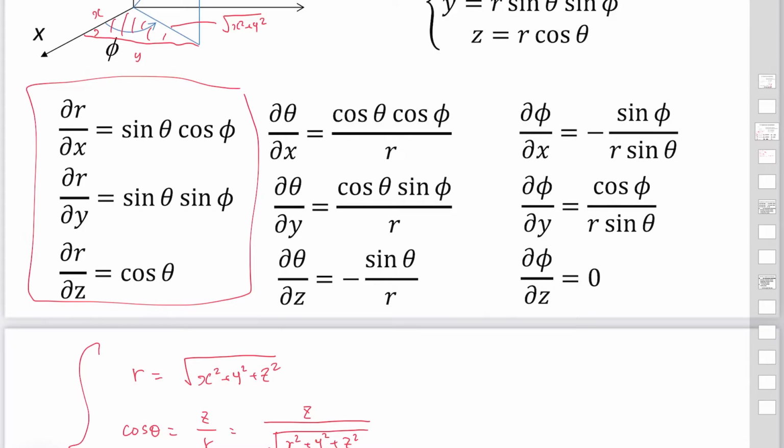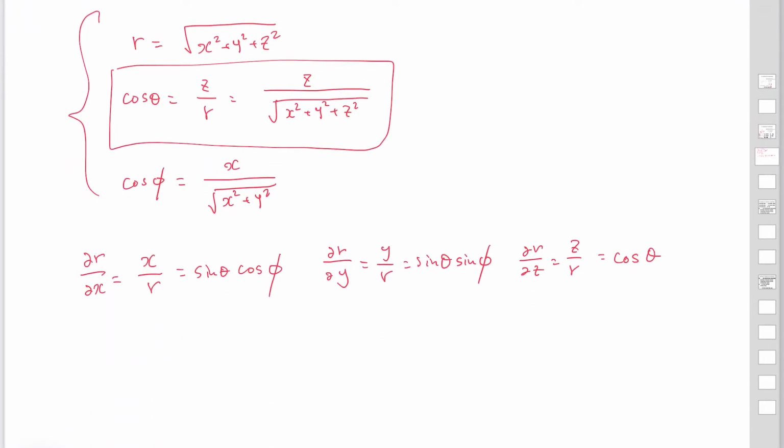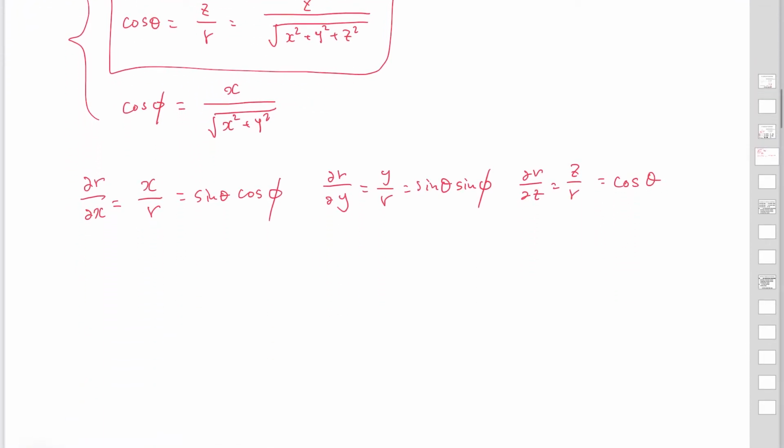To find the partial derivative of theta with respect to x, y, z, we use this second equation. Taking the partial derivative of the second equation with respect to x, it becomes minus sine theta partial theta partial x, because the derivative of cosine theta with respect to theta is minus sine theta.